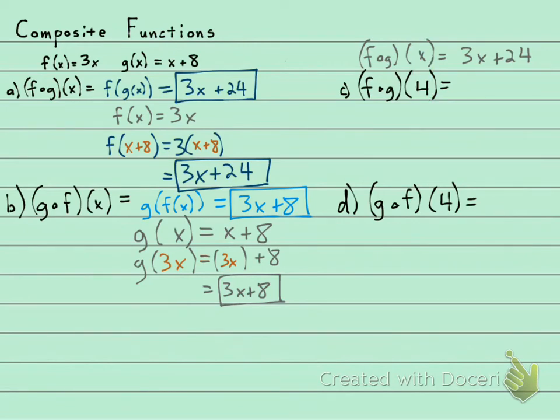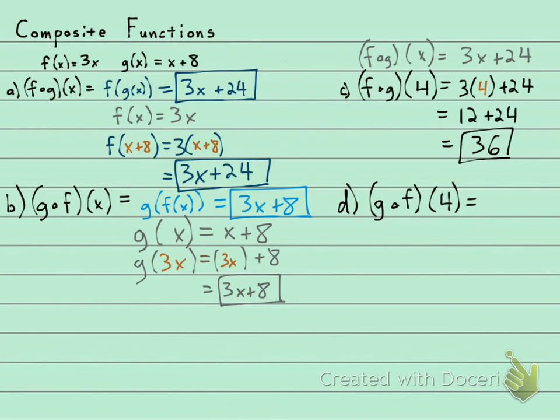A 4. So this is going to be 3x plus 24. Plug that one in right there. 3 times 4 is 12. 12 plus 24 is 36. So the f of g of 4 is 36.